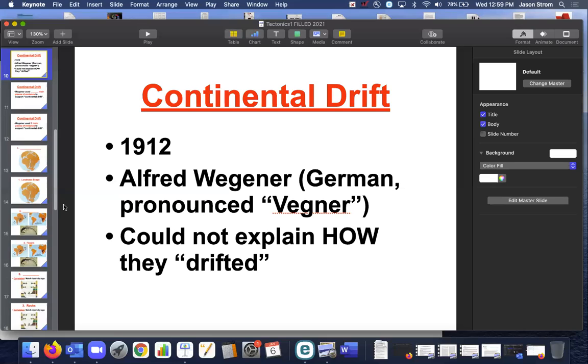And remember, this is 1912 when this came out, so he's been working on this for a while. So in the early 1900s, they obviously did not have the technology or the knowledge that we do now. So that was a big thing that he was missing: the mechanism of how these continents were moving.